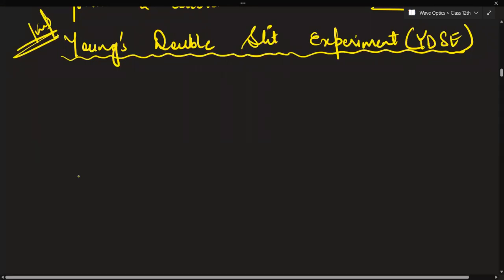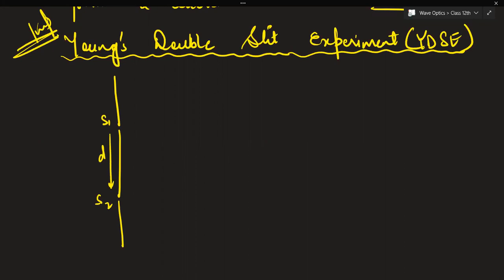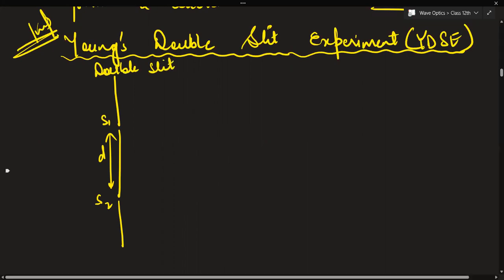What happened in the double slit experiment? See, there were two slits, S1 and S2. Both slits were separated from each other by a small distance d, and this is a double slit. You will have a source.